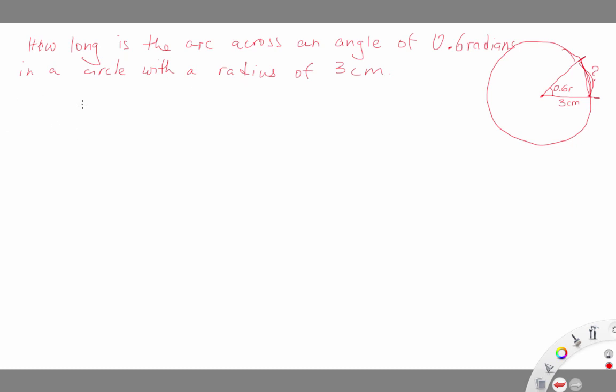So to find our answer, first, as usual, something we've been using a lot, we're going to write a proportion.